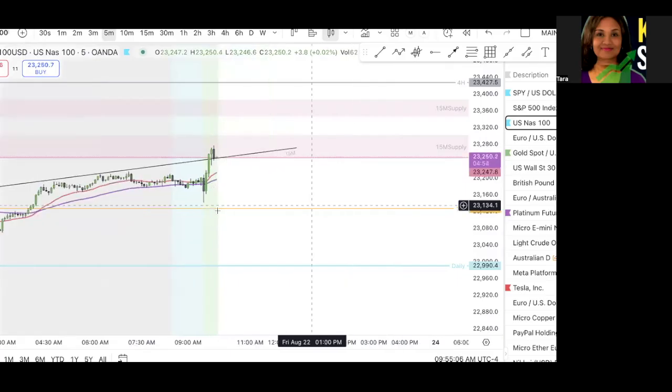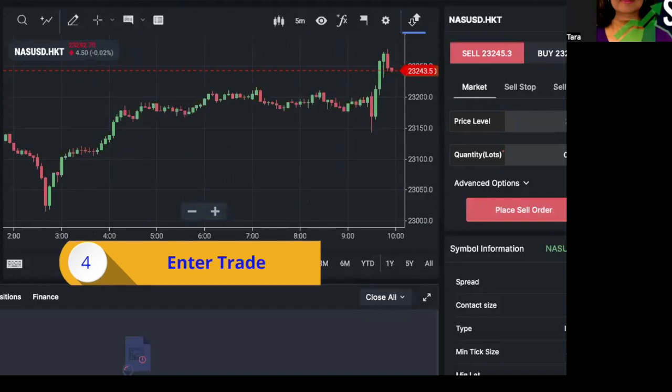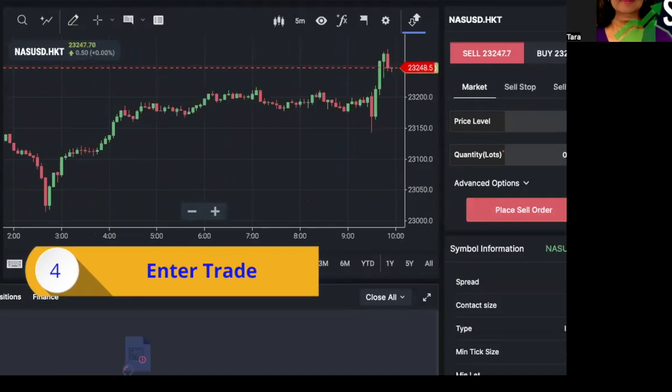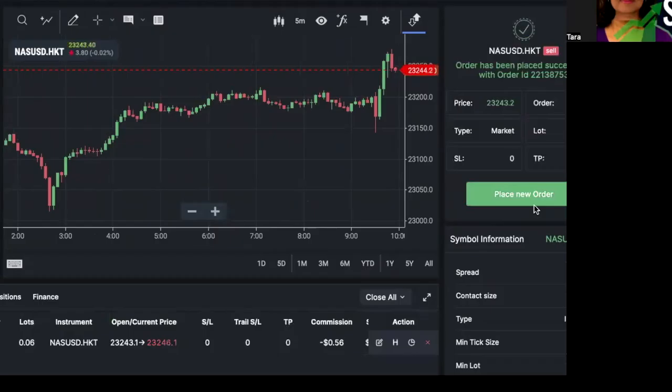That looks pretty good. We might be able to go ahead and enter here. Could take a really small trade. We know that news is coming up in about 5 minutes. So we'll see.